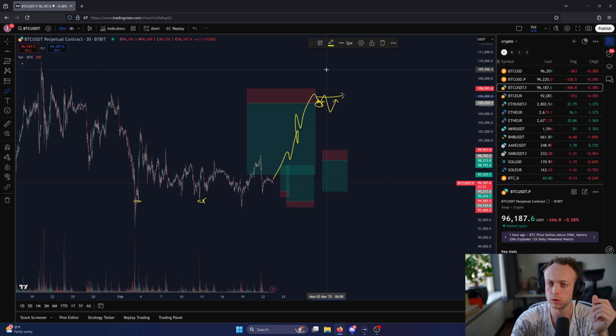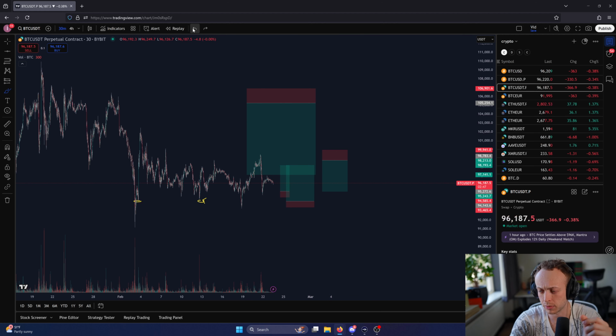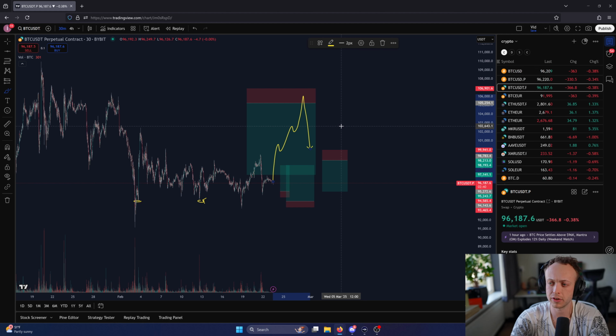The only thing is you won't get filled in the wick. So for example, if the price does something like this and we get a wick, bam, you won't get filled if you don't catch it. So it's up to you.